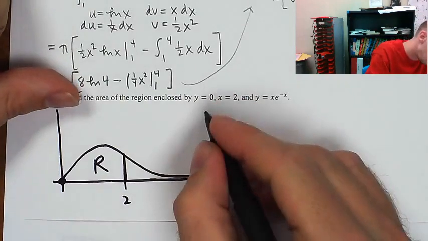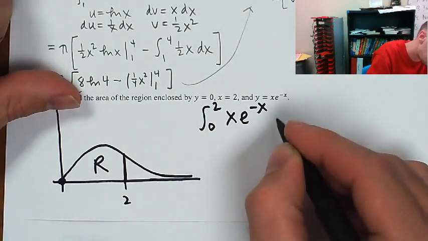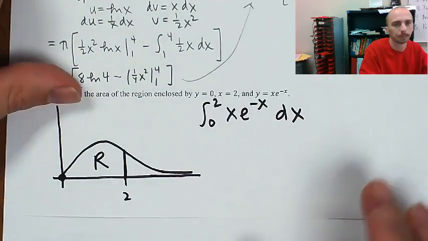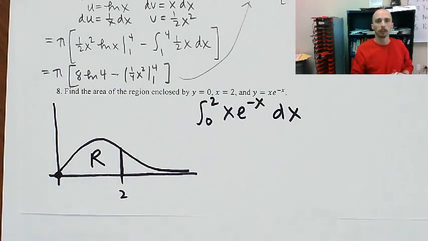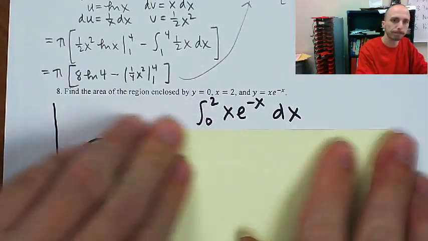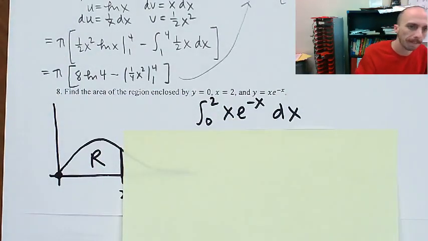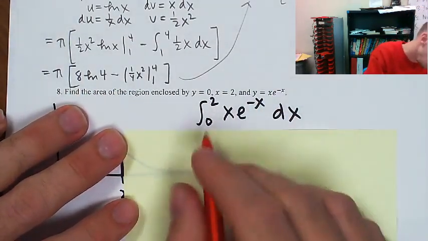So I'm going to say that's the integral from 0 to 2 of x e to the negative x dx. I can just tell right now that I'm going to be needing more space, so I'll give myself a post-it note. So I'm going to need to use u dv because the derivative of negative x is not x.